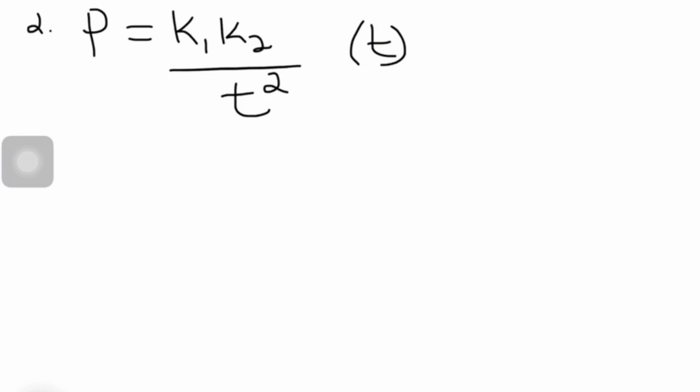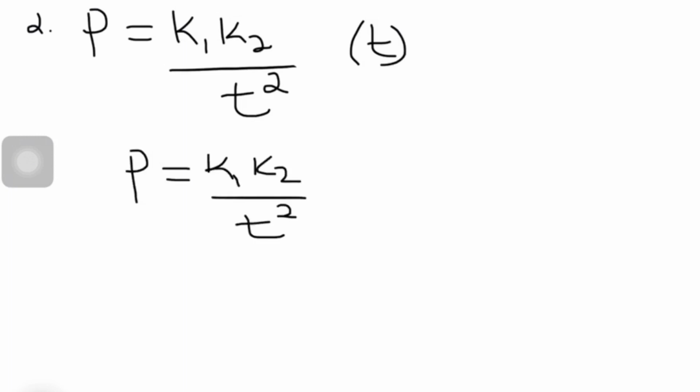So before we get there, the t squared is part of a fraction, so we have to multiply both sides by t squared to get rid of the fraction. Let me write it afresh. This one is supposed to be p is equal to k1 k2 divided by t squared.